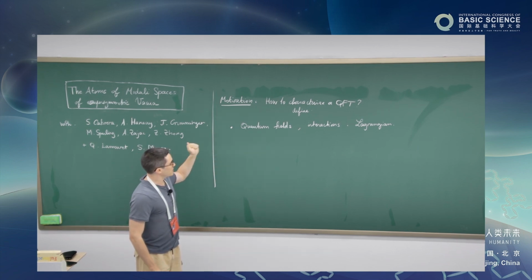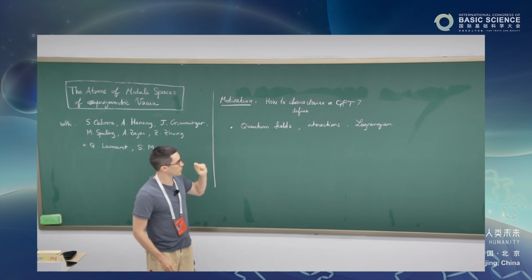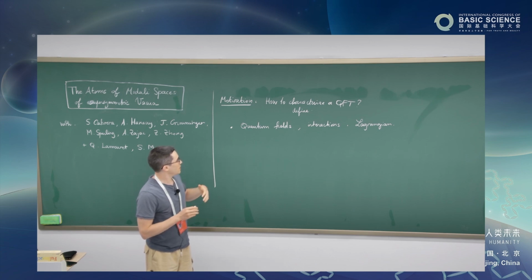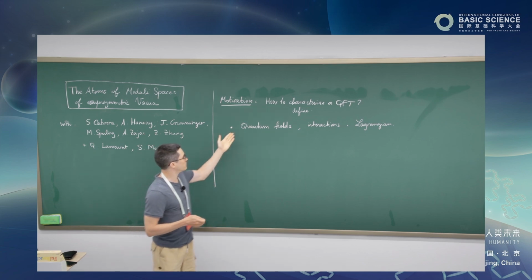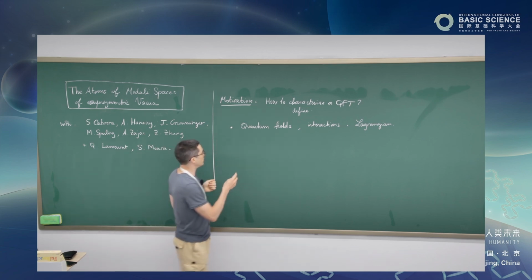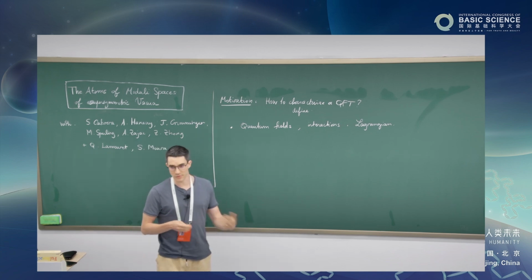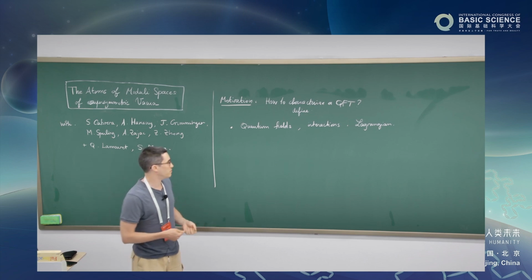The problem is this is a definition which, first of all, can be ambiguous in the sense that two QFTs could be the same, but could be described with very different quantum fields. So if we think of Yang-Mills theory, we can describe it in terms of quarks and gluons, but we can also describe it in terms of baryons and mesons.